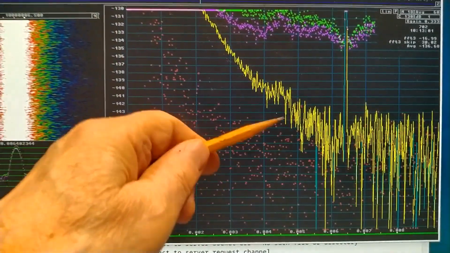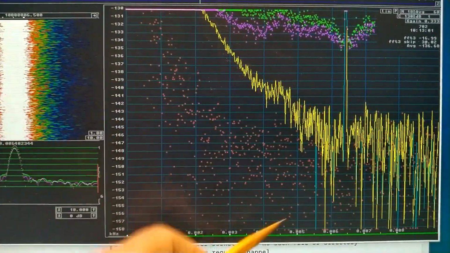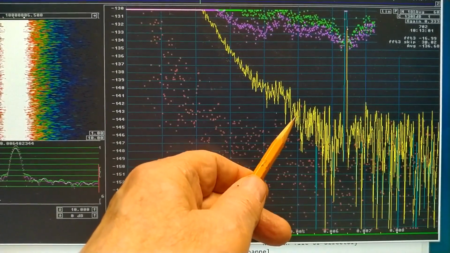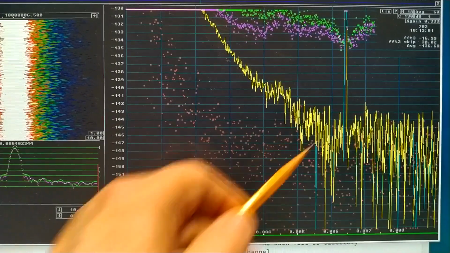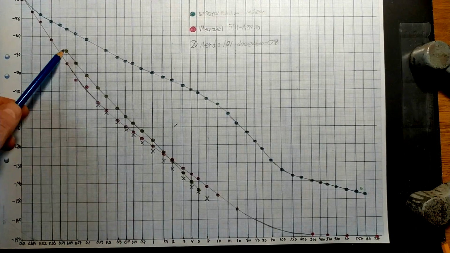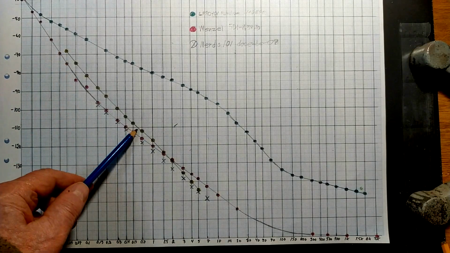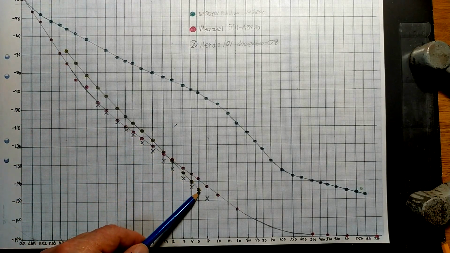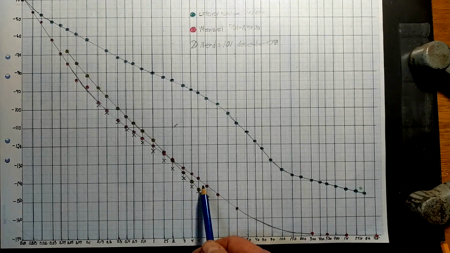The scale is 1 decibel per division, so the uncertainty is perhaps half a dB or so. Here is what I have seen now. It's these yellow points, and they go a little bit below the Wenzel oscillator at 5 Hz offset.